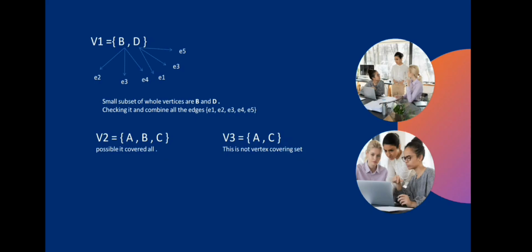Here V equals B and D, right? So if we remove vertex B, then it will only be the vertex D. D contains only 3 edges. What are they? E1, E3 and E5. Now we cannot combine.